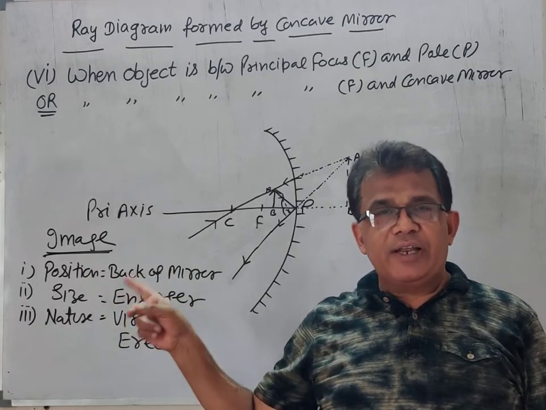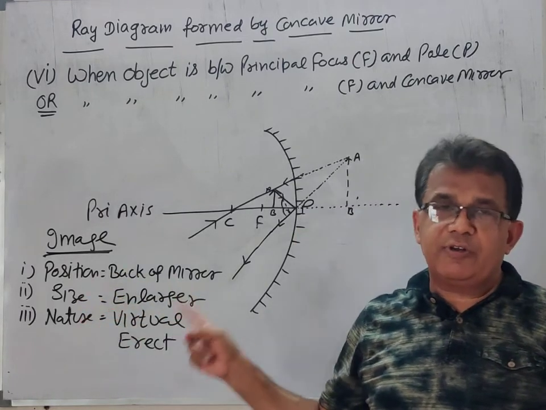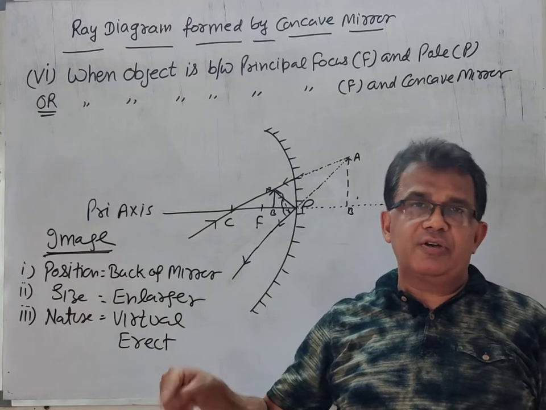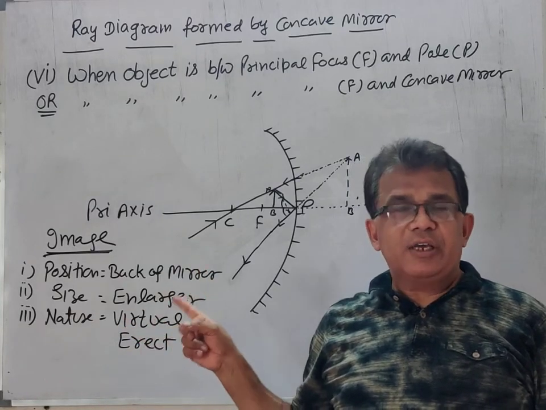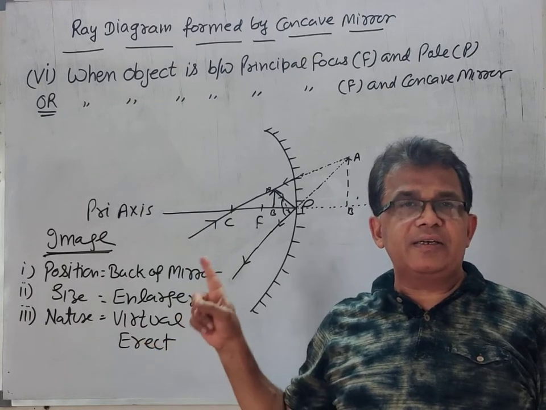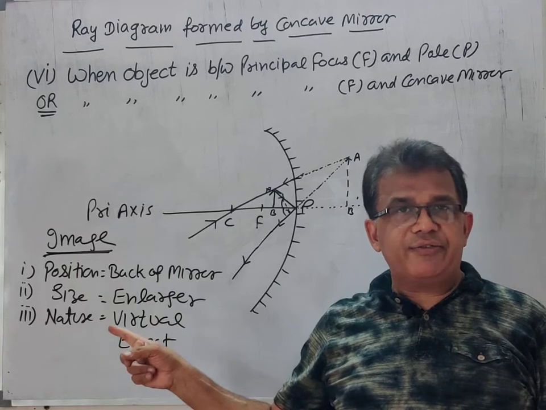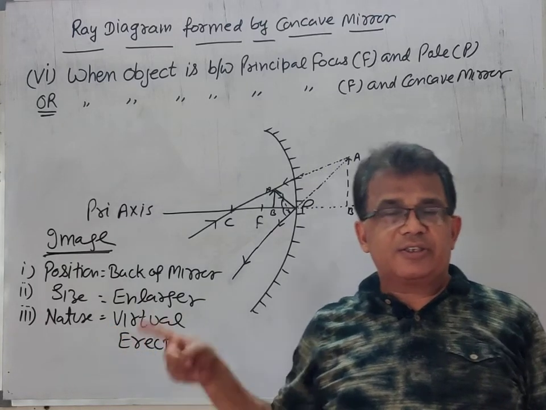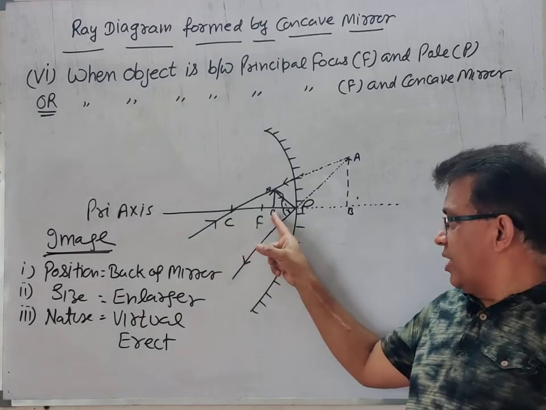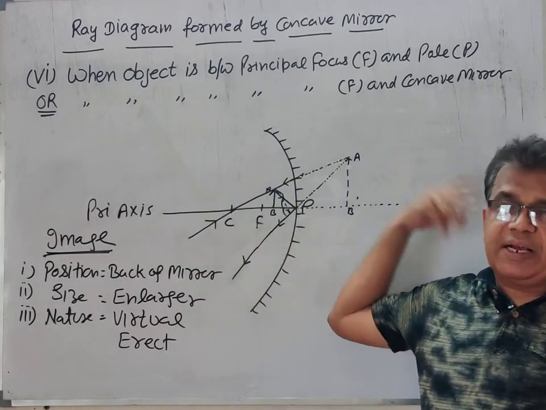Third, when the object is at the center of curvature, the image will also be formed at the center of curvature. Fourth, when the object is between C and F, the image will be formed between C and infinity. Fifth, when the object is at F, the image will be formed at infinity. Sixth and last, when the object is between F and P, the image will be formed on the back side.